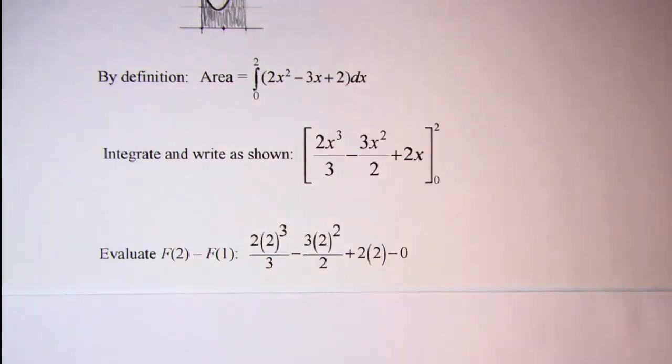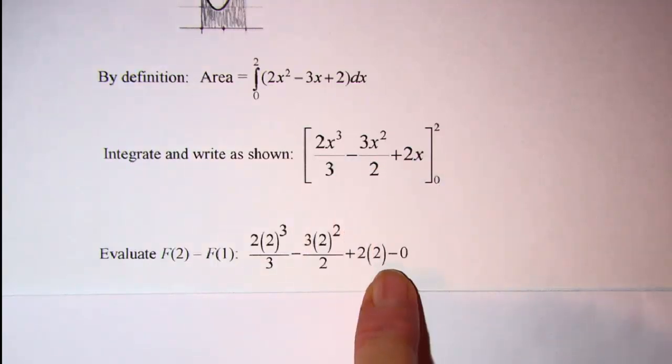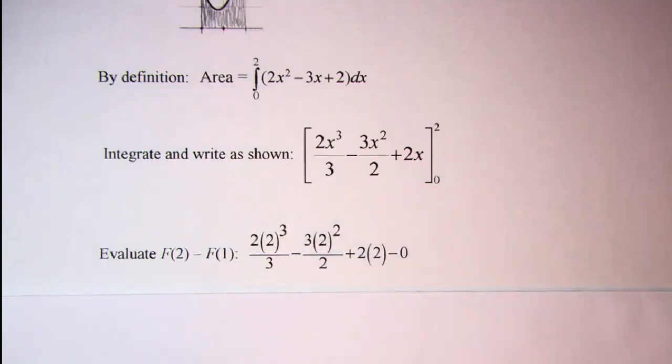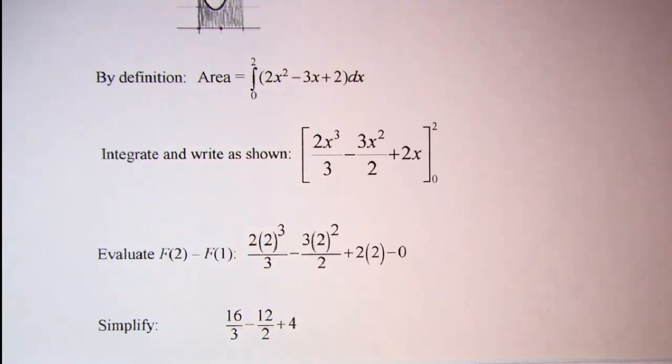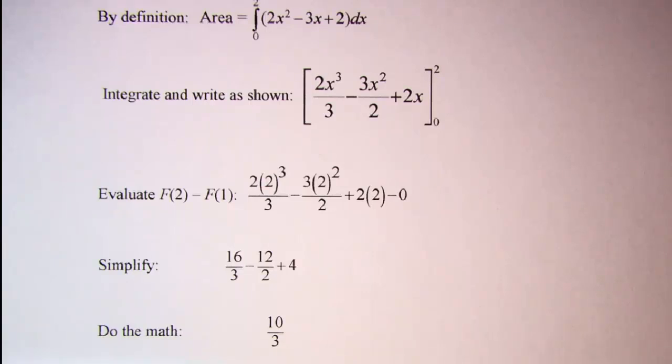Use the Fundamental Theorem of Calculus, and we put the 2 in first into all three terms, and then subtract. When we put the 0 in, we just get 0 on all of that. Do the math, and we end up with 10/3.